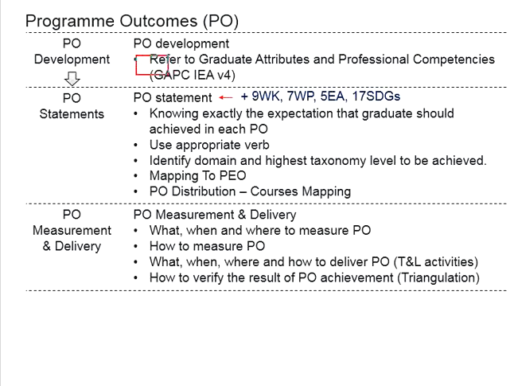Since they have already defined the desired graduate attributes, this makes it easy for us to establish our POs. We will have to make sure our PO is fully in line with our GAPC, specifically the GA. The professional competency defines the requirements for the recognition of professional engineers.